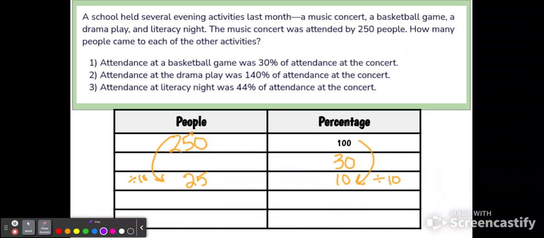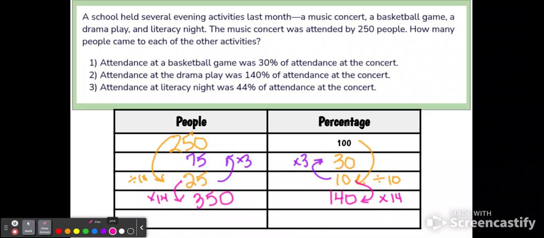Now that I know that, I can scale up. 10 times 3 gets me 30. 25 times 3 gets me 75. I can now look at my next number, and I can say 140. Well, again, I can scale from 10 to 140 by multiplying by 14. So 25 times 14, we figured out was 350.